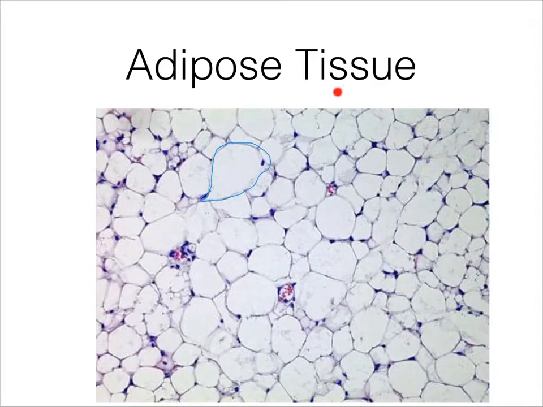And secondly, adipose tissue or fat tissue usually will not be facing directly to a lumen or open area. The type of cell that you're going to find in adipose tissue are adipocytes, or fat cells, and it's not a very fibrous tissue, but the type of fibers that hold these fat cells together are actually reticular fibers, though that's probably not something that I would ask you on a test.